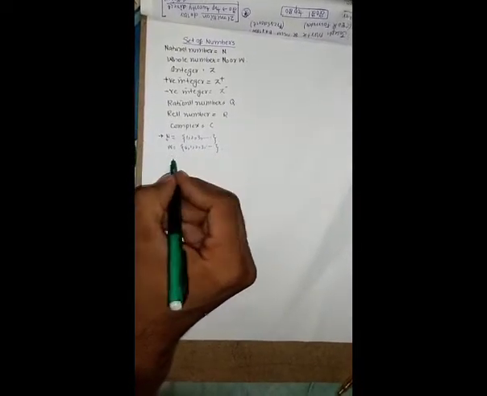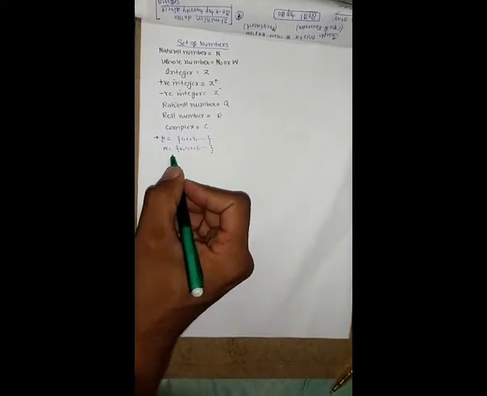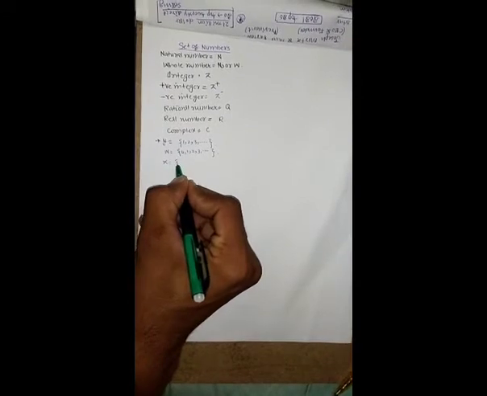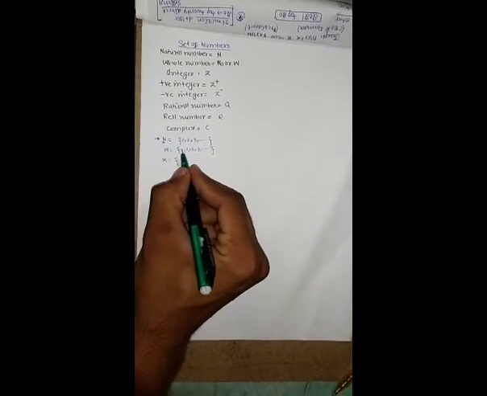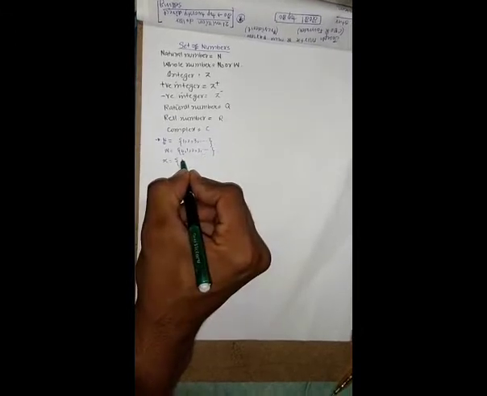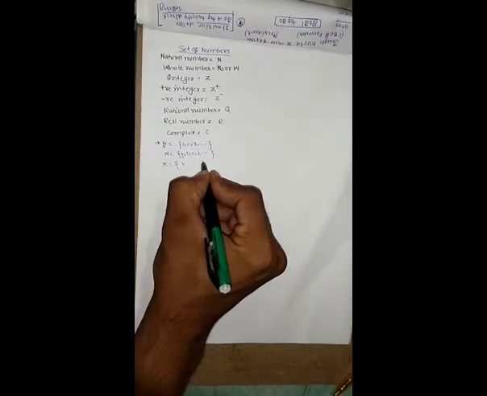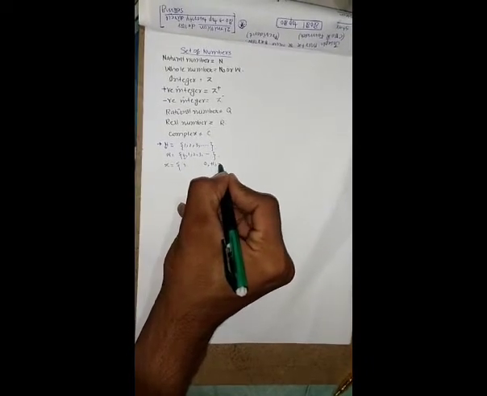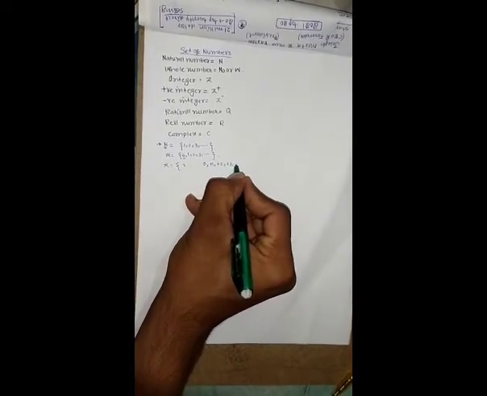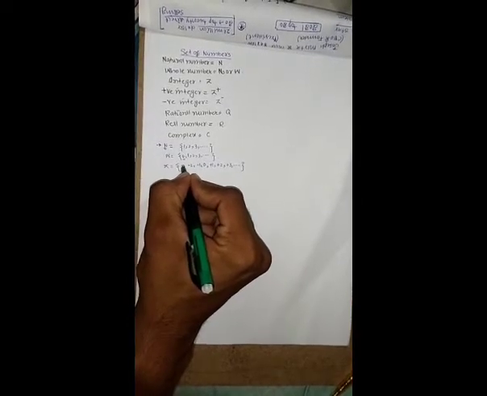And integers are all those numbers: the whole numbers and their opposites, and 0, are called integers. It means the natural numbers, 0, and all their opposites with a negative sign, so this becomes 0, plus 1, plus 2, plus 3 and so on, and minus 1, minus 2, minus 3 and so on.